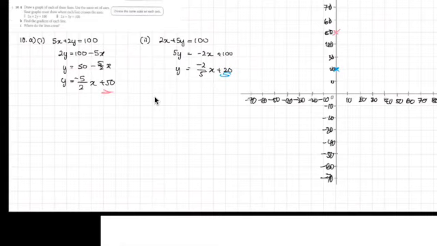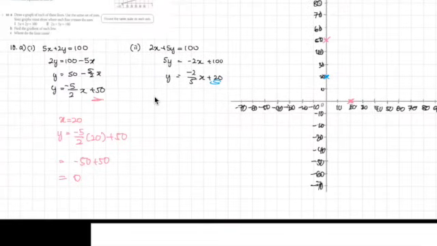Well, x is equal to, let's say, 20. First one. 20, 0.